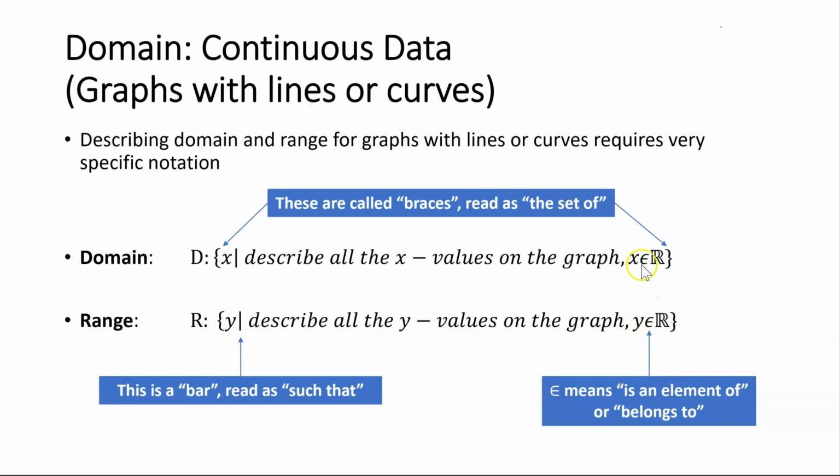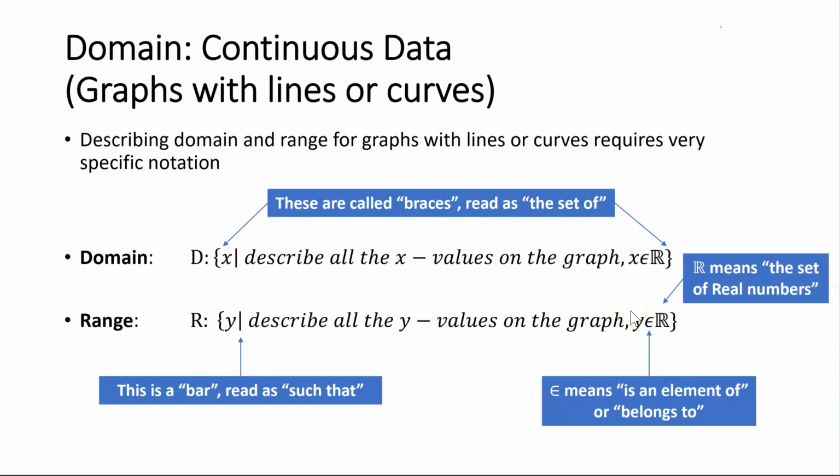The symbol that you see with x ∈ ℝ and y ∈ ℝ means is an element of, or belongs to, and the R with two lines means the set of real numbers. So putting that all together for domain, we can say the domain is the set of x's such that, we'll describe the x's somehow, and all those x's are elements of the set of real numbers.